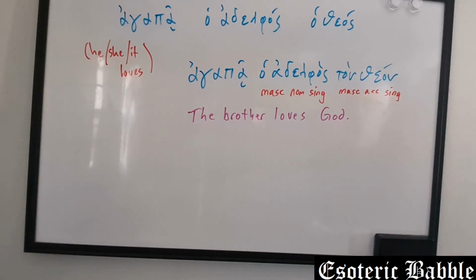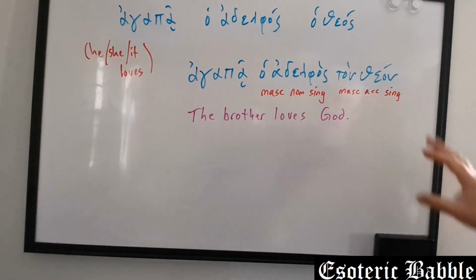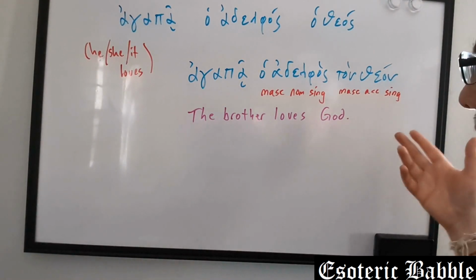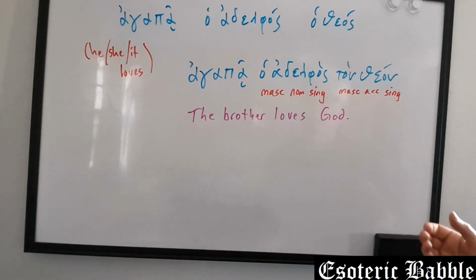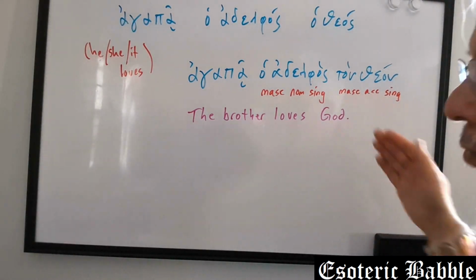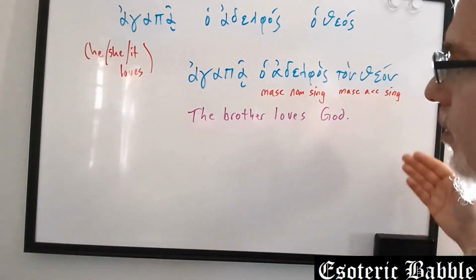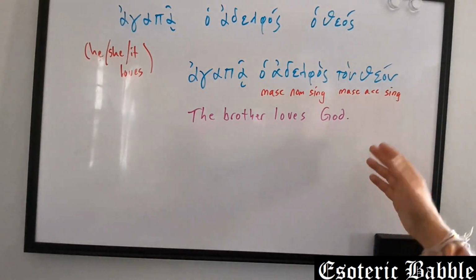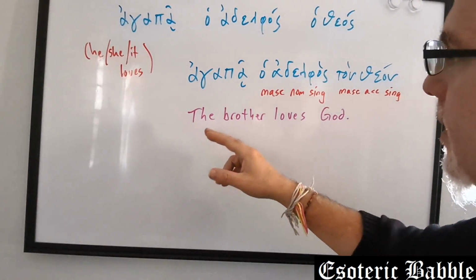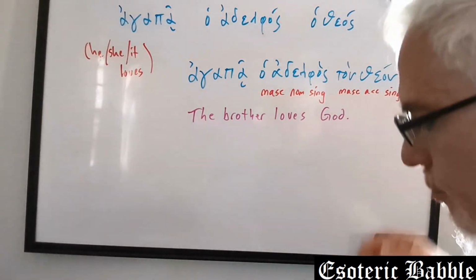Okay, so let's see if we switch. What happens if God loves the brother? Now, in English, notice we rely on word order. The brother loves God. If we want to switch that, we're going to say God loves the brother.